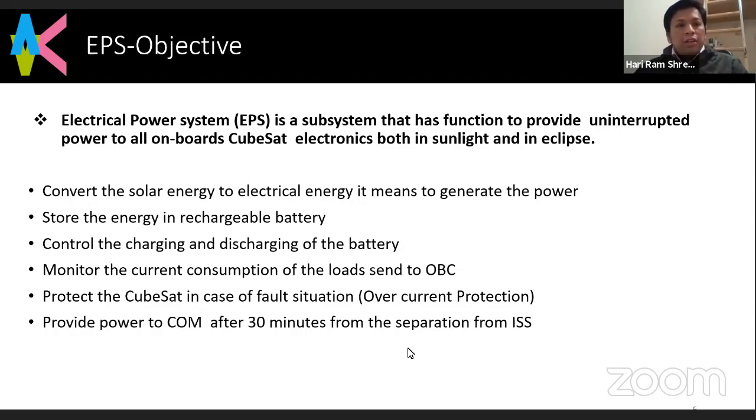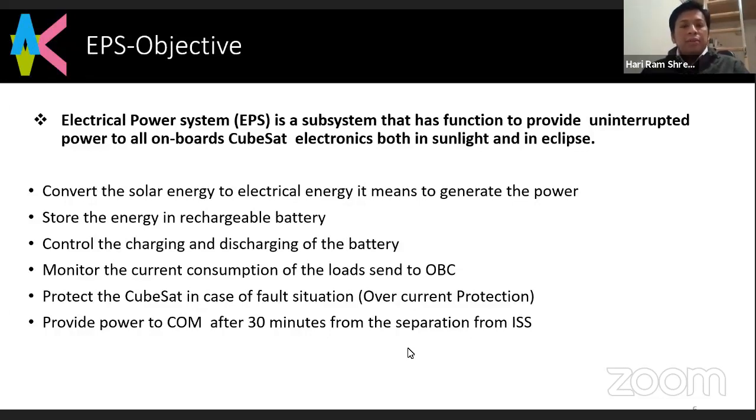Another line I mention here is to monitor the current consumption of the load sent to the OBC from the EPS. The EPS can control this with OCP and protect against a current fault situation if one occurs, and then it controls the whole system by reset, and it will start again.